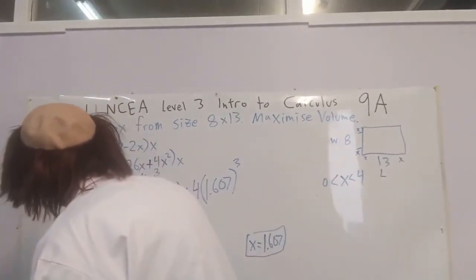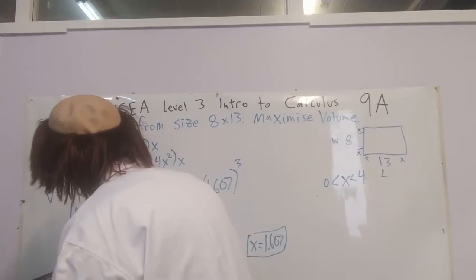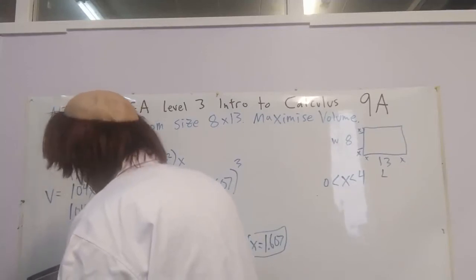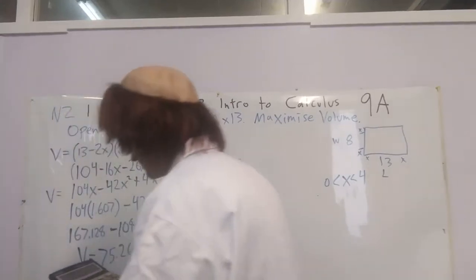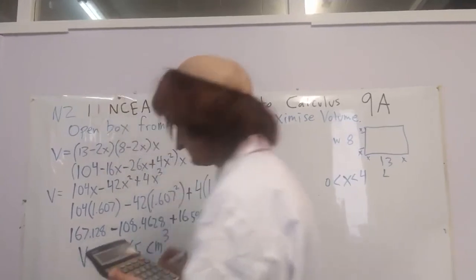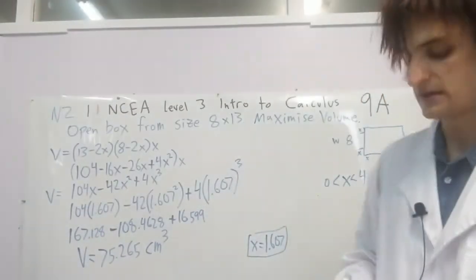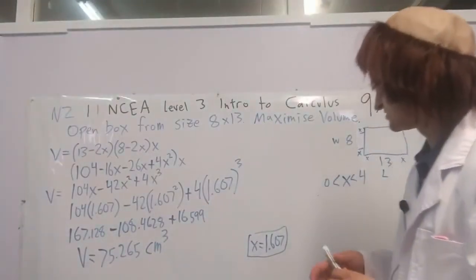Therefore, our volume equals 75.265 centimeters cubed. That is the volume of our box. And this question is finished.